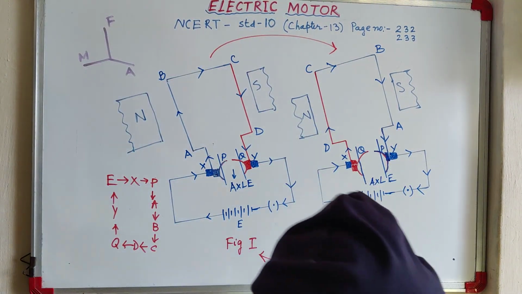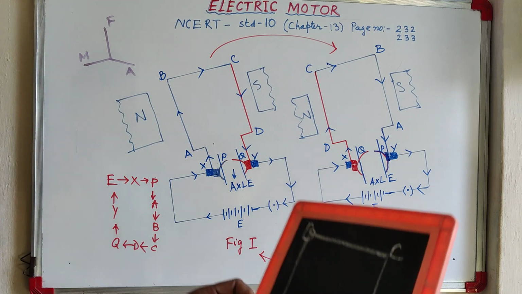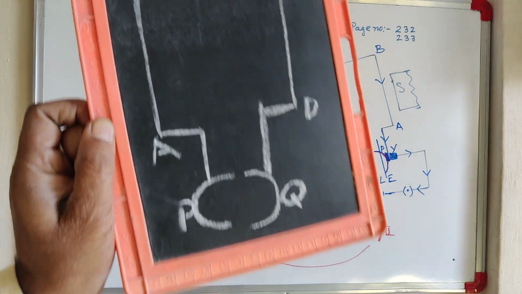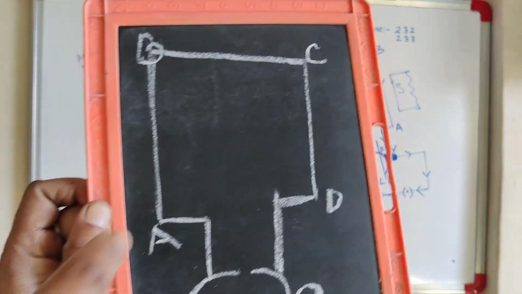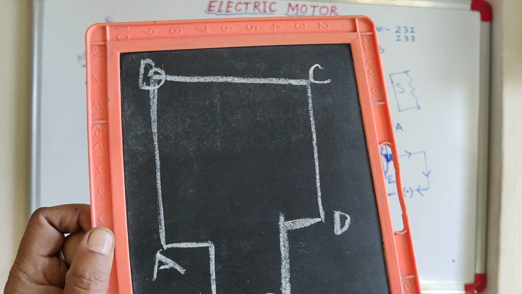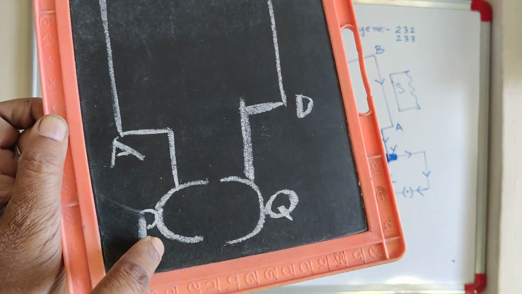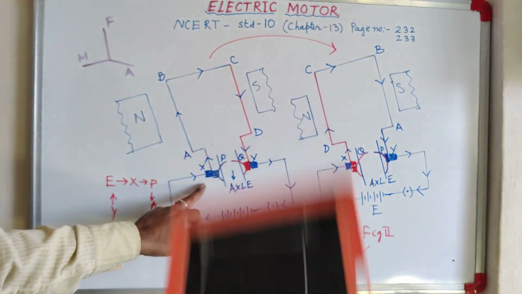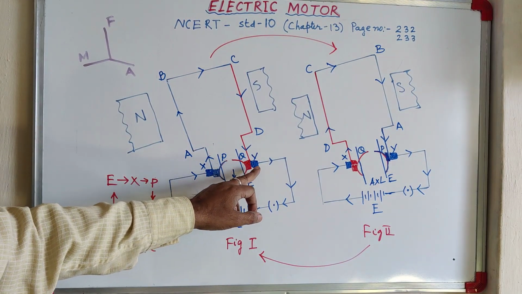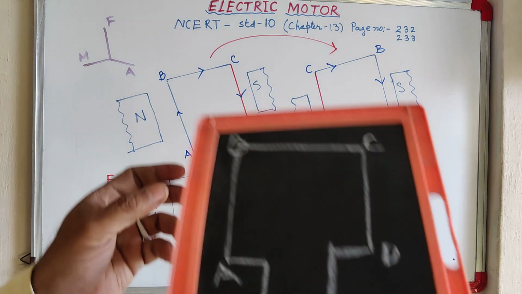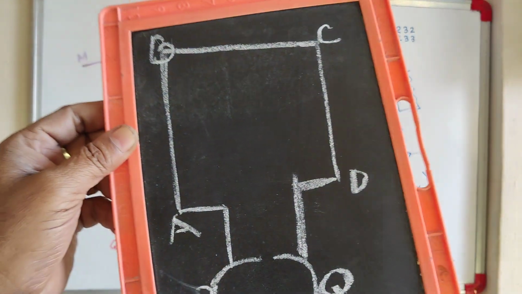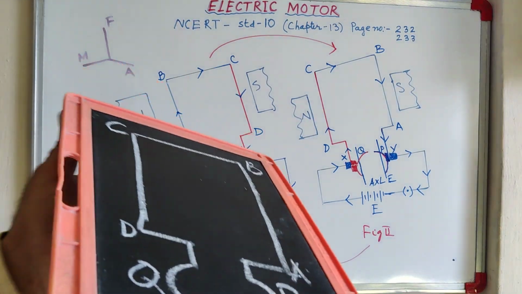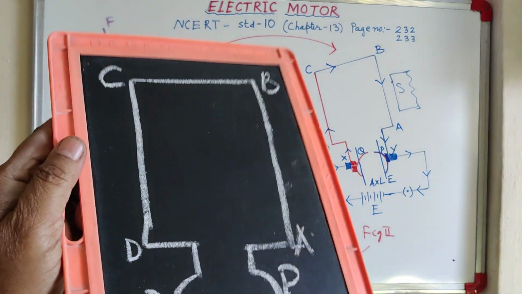See here in this slate I am showing. Suppose this is the first position, the first figure position. A, B, C, D. Here split ring P, split ring Q. Split ring P is touching brush X, split ring Q is touching brush Y. When it has a rotation, see, CD coming this side, AB coming this side.